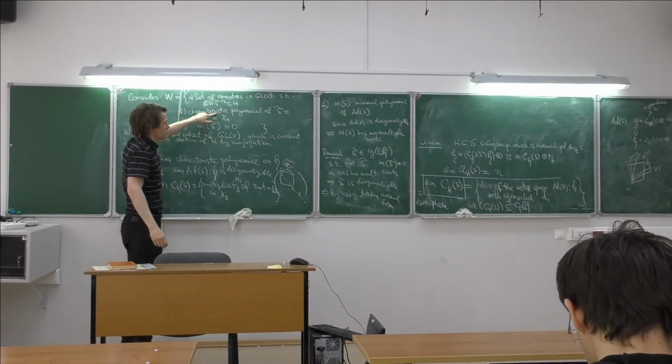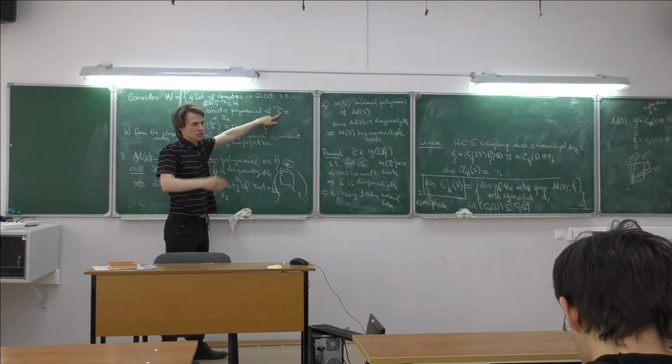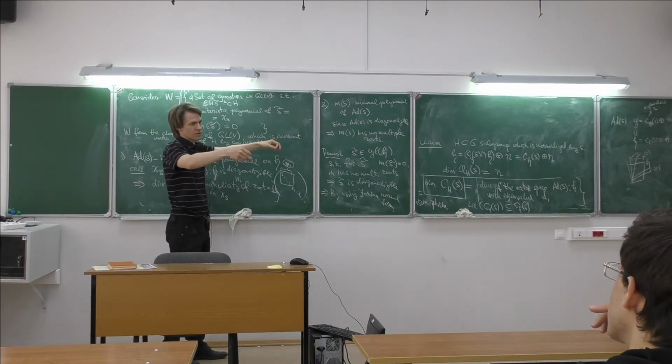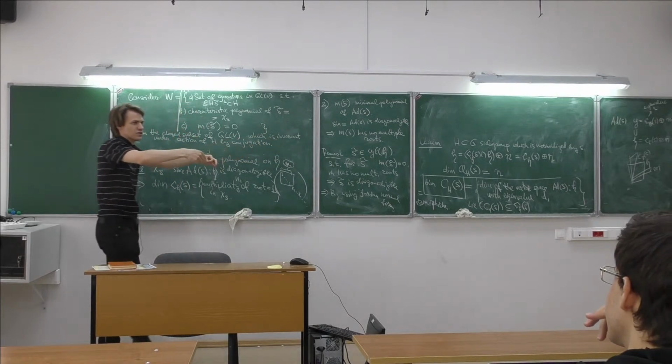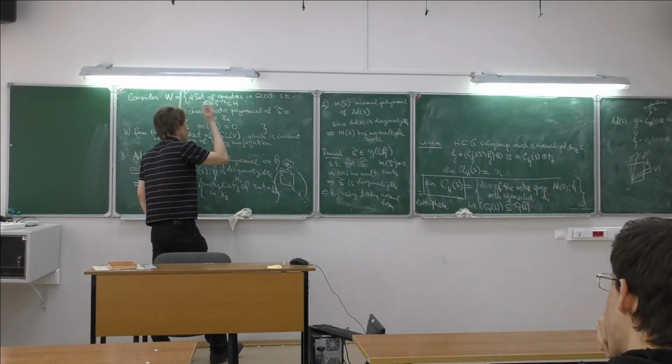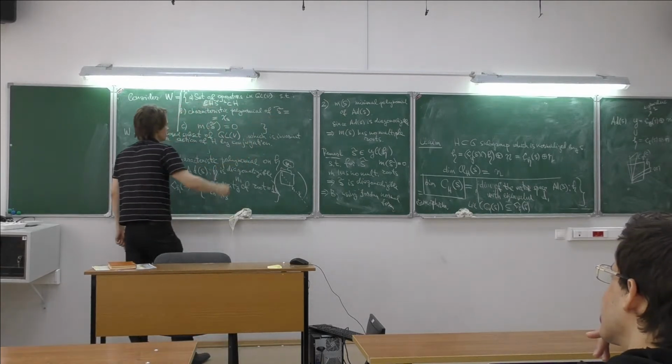This condition is just saying that you take the coordinates of the operator and write down the relation for just coefficients of characteristic polynomials. And you are writing them that they're equal to some numbers.